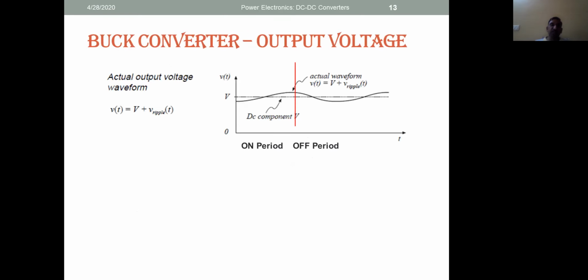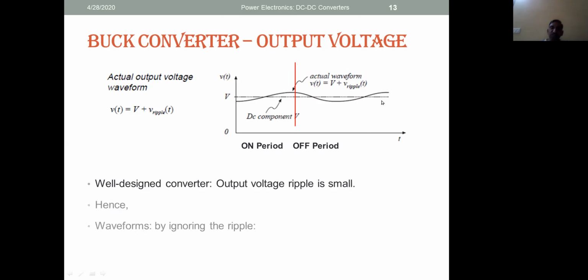So how does the output voltage vary? The actual output voltage waveform v(t) is V plus ripple voltage, which we neglected in a simplistic realization. So if this is the average voltage V and this is the actual voltage, see this is the rising voltage at peak and this is falling, again rising. This can be your on period, first one, this can be the off period, and again from this point onwards you have an on period, meaning the cycle is repeated.